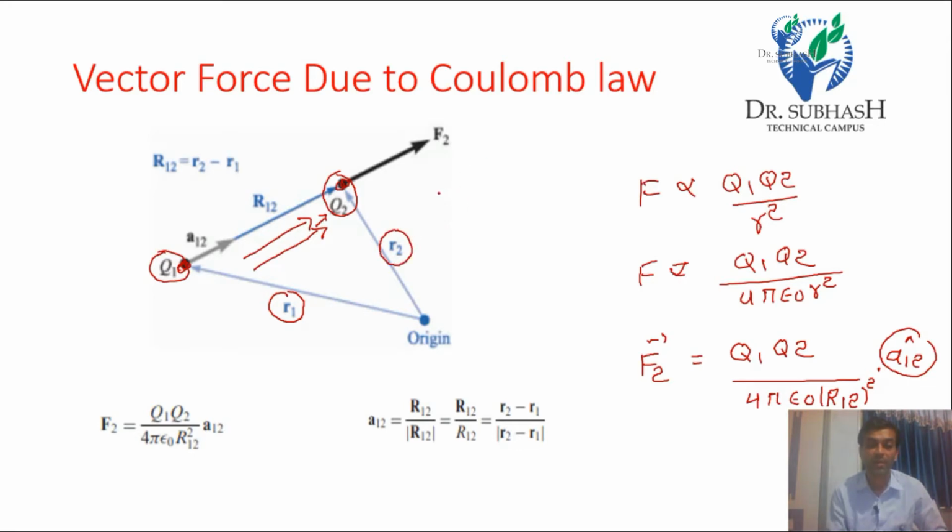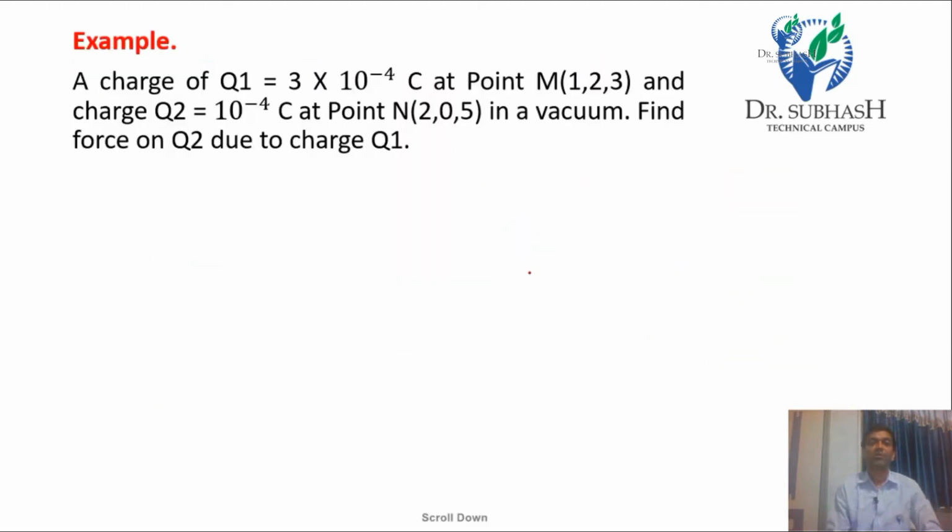Then the vector between them is R12 equal to R2 minus R1, and the unit vector of the force can be represented by the R2 vector minus R1 vector upon the magnitude of R2 minus R1. Using this formula, let's try to find the force with the help of an example.